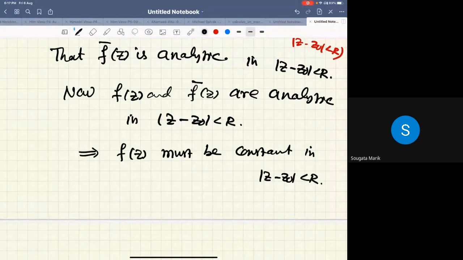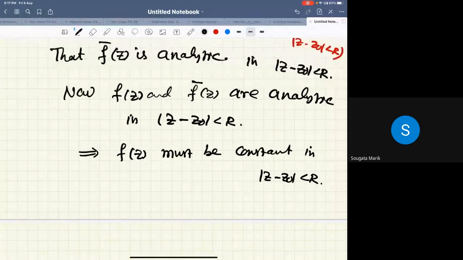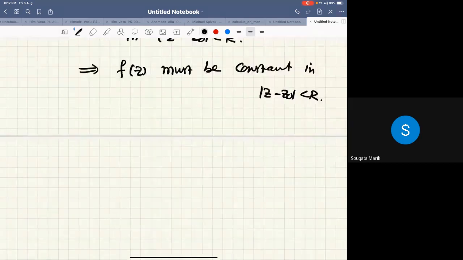F of z is analytic everywhere. Okay, fine. So what is your g? G of z equals z square. Okay, z square. Then f bar, that means f conjugate into z, that is again z actually. Just let me finish this one more step and I will come to your question. I understood your question. Okay, sir, I got where I'm wrong. Yeah. Very good.